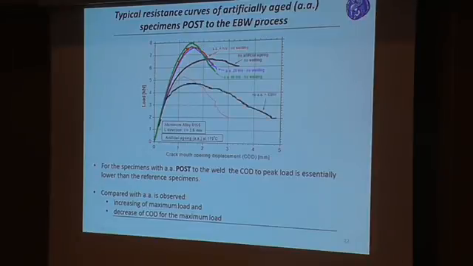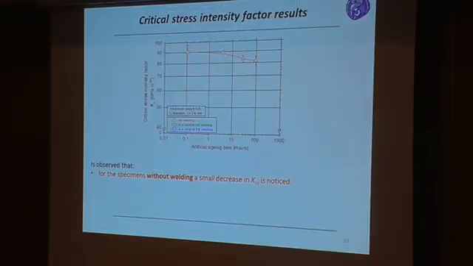Again, we can see the results from specimens without welding. And for the specimens post to the weld, the COD at peak load is essentially lower than the reference specimen. Comparing these two, an increase of maximum load and a decrease of COD at maximum load was observed. Summing up the critical stress and the results of fracture toughness, the specimens without welding have a small decrease.